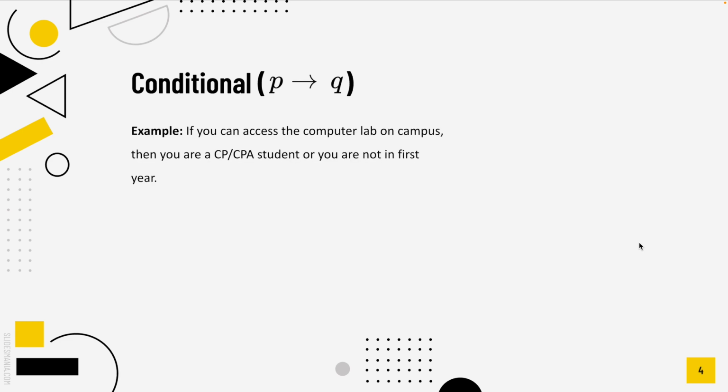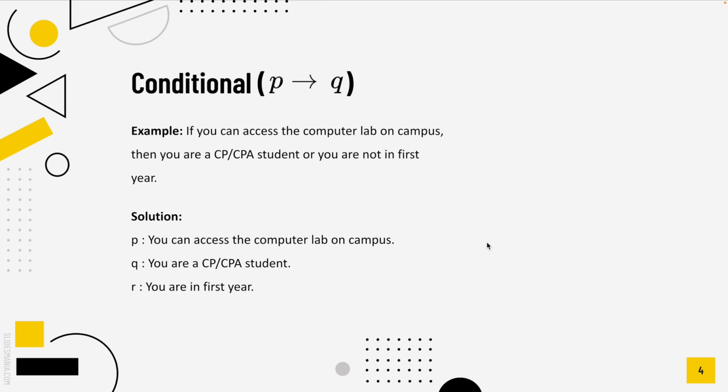Another example, if you can access the computer lab on campus, then you are a CPA student or you're not in your first year. So our statements here are you can access the computer lab on campus, you are a CPA student, or you are in first year. Those are three statements that are within this sentence. And if I'm writing this in symbolic logic, it's going to look like this.